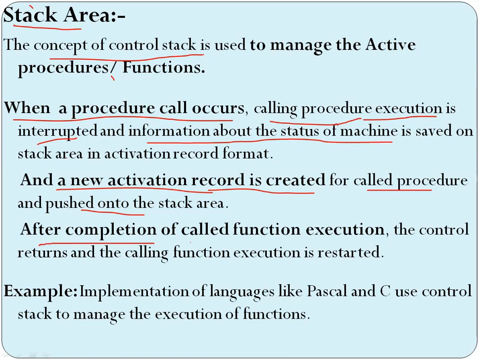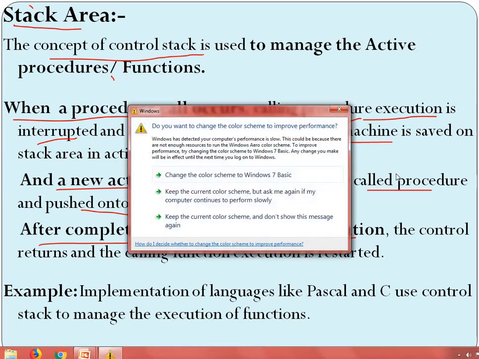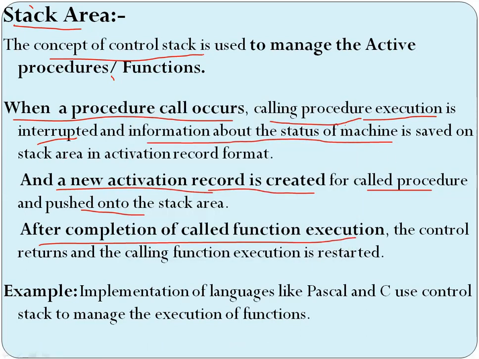After completion of the called function execution, the control returns and the calling function execution is restarted. Once the called function execution is completed, its activation record is removed from the stack area and the control returns to the calling function.